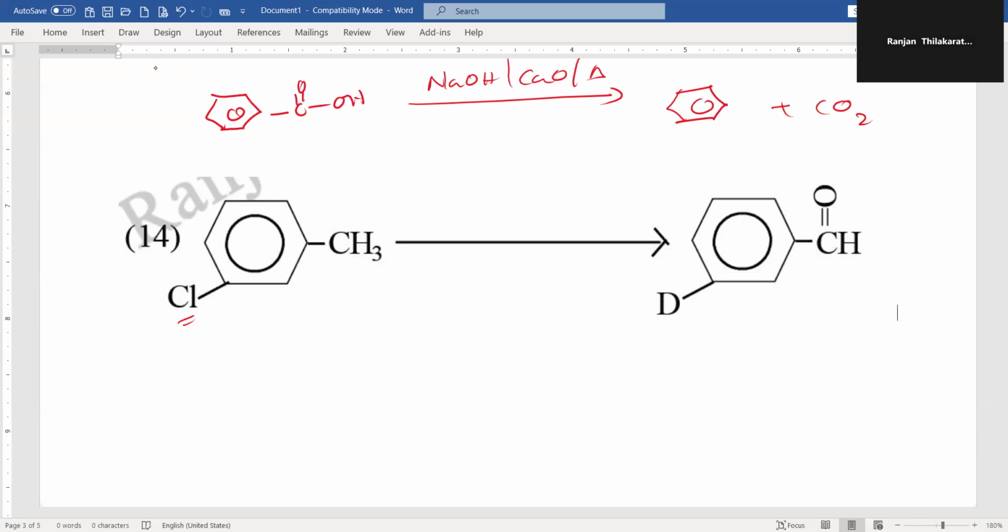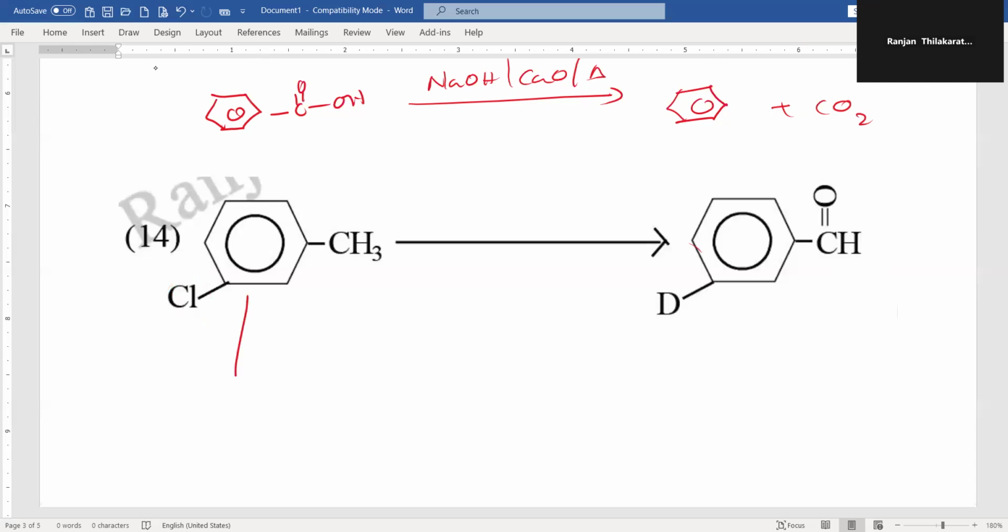procedure, because we need to convert this chlorine into Grignard reagent. When we convert that into Grignard reagent, that Grignard reagent will react with this aldehyde. Normally aldehyde reacts with Grignard reagent. Therefore, what we need to do is first remove this chlorine and then try with the CH3 group, right?